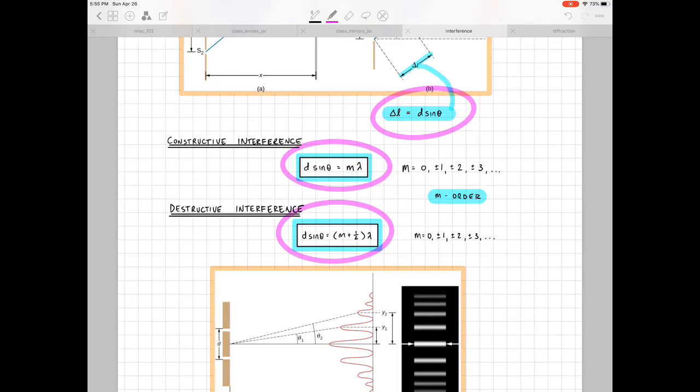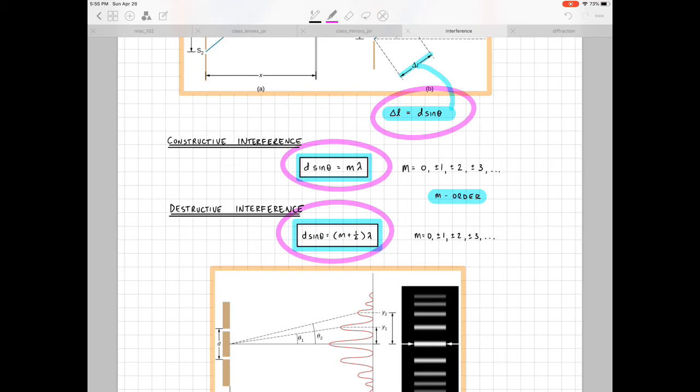So that extra path traveled is now, instead of a full wavelength, just a half wavelength, and that shifts the wave exactly by the right amount to destructively interfere with the other wave.